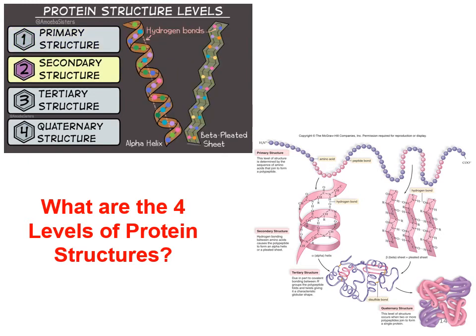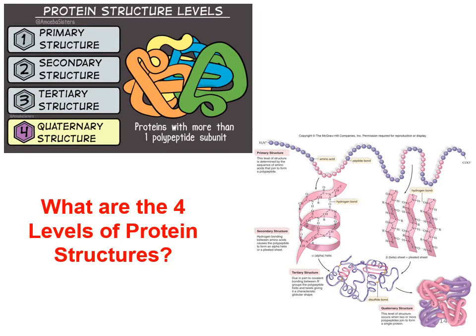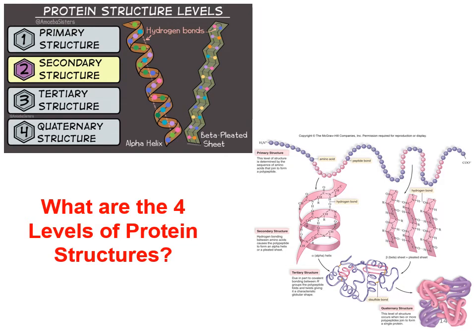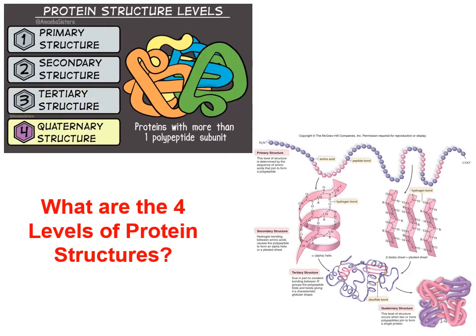Now, this is another slide that I want you to put stars all around. What are the four levels of protein structure? Proteins would not function without proper structure. In your body, if a protein ever loses its four levels of protein structure, boom, you now have big time illness, and it can even be fatal.